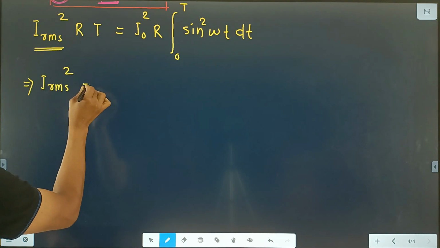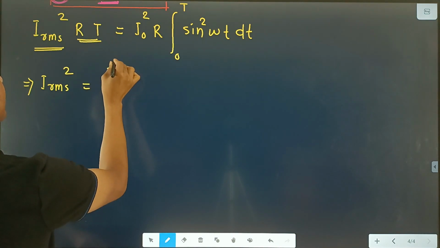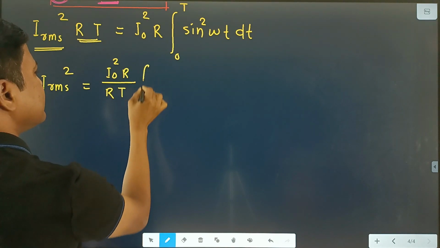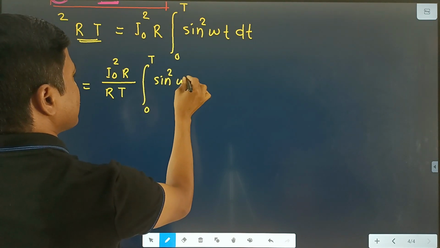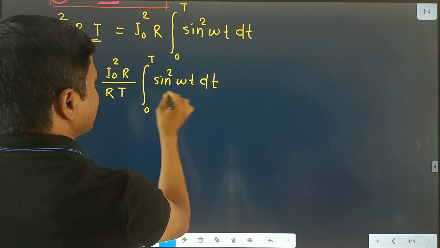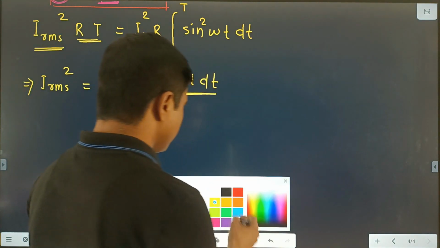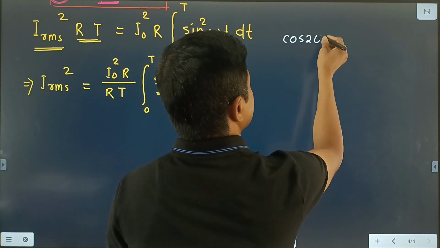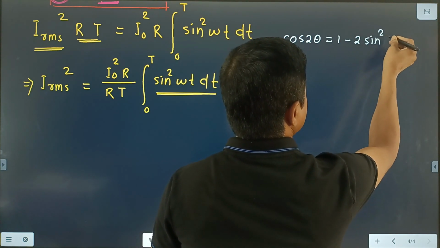That implies IRMS square is equal to, we take RT to the right hand side, so the equation becomes I0 square R divided by R T integration from 0 to T sin square omega t dt. What is the integration of sin square omega t dt? Here we put the trigonometric formula. You know the formula, cos 2 theta is equal to 1 minus 2 sin square theta.